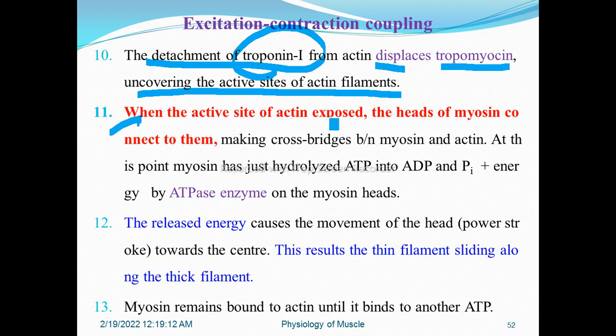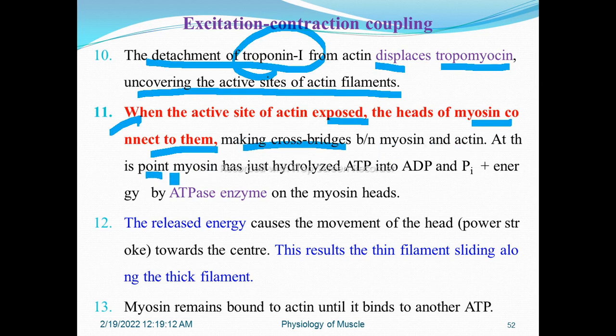When the active sites of actin are exposed, the heads of myosin connect to them. Since attachment of calcium to troponin C prevents troponin I from occupying the active site and also displaces tropomyosin, the active sites of actin are free and the head of myosin attaches to it, making a cross bridge between myosin and actin.